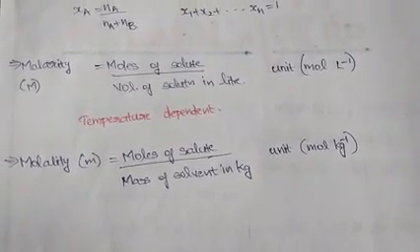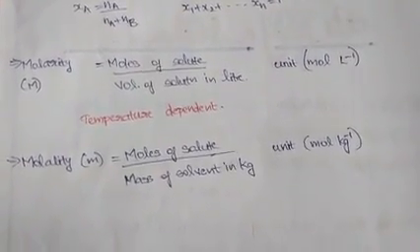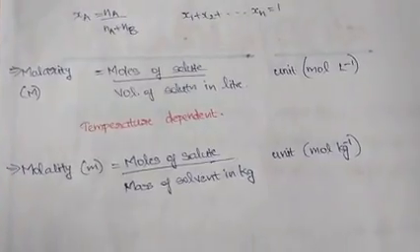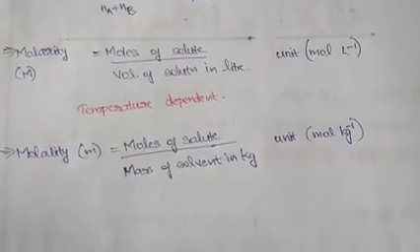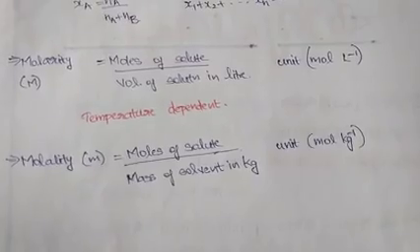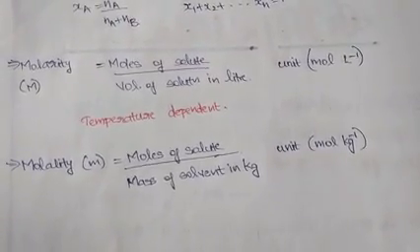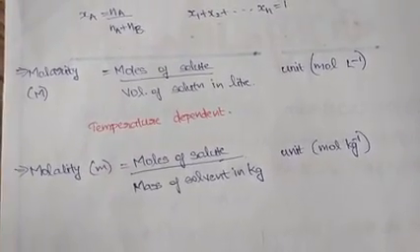By looking into molarity and molality, we can find a difference between them. Molarity is based on the volume of solution in liters, while molality is based on the mass of solvent in kilograms. Thus, molarity is a temperature-dependent quantity.